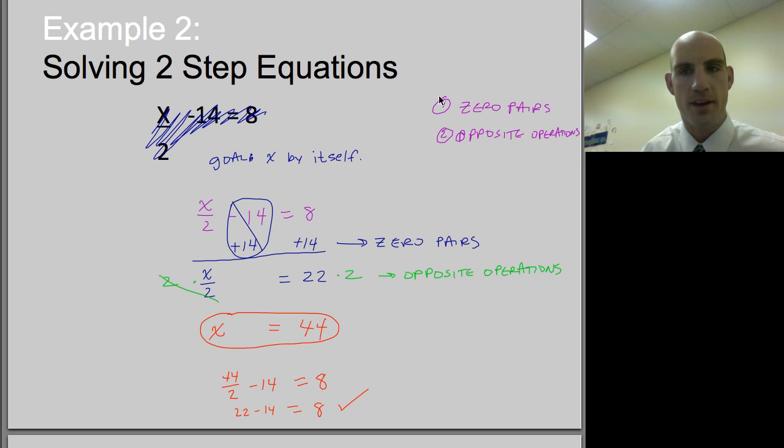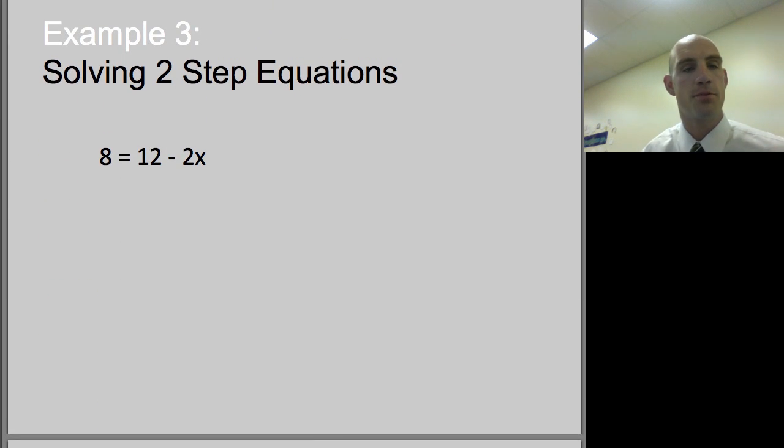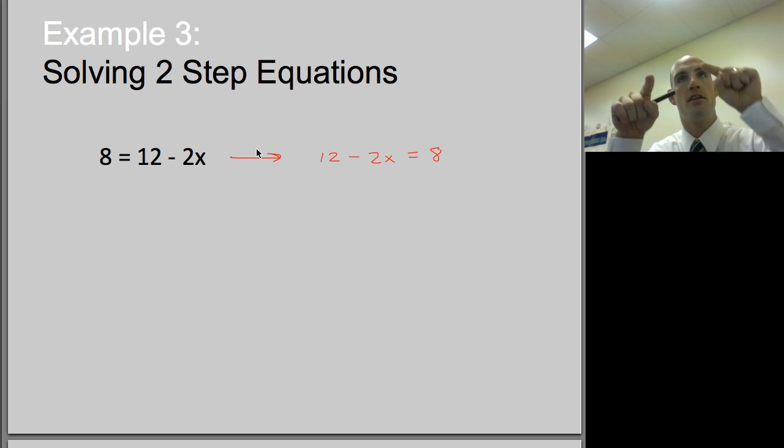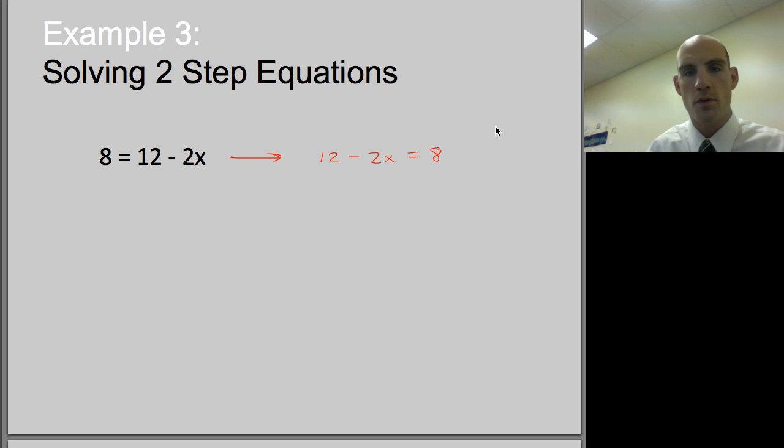Let's look at another example here. This one involves some multiplication, and they've switched it around. Well, if you feel more comfortable working the other way, you can always do this: 12 minus 2x equals 8. You can switch those around because we know that equals is equals either way. And so remember, step 1, zero pairs.